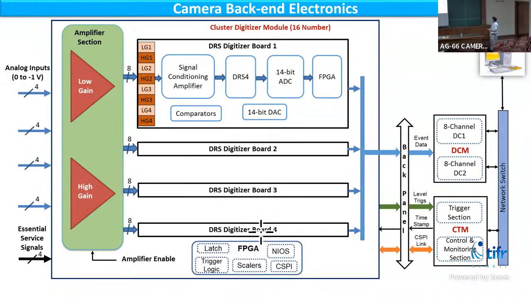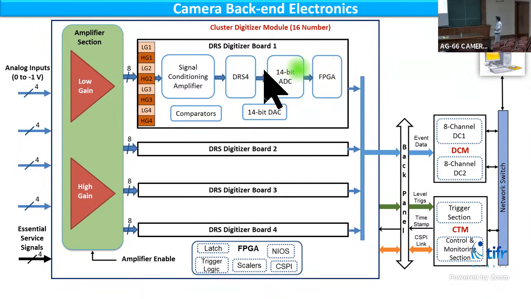Now coming to the back-end electronics, the analog outputs from the preamplifier come to the cluster digitizer module, where low gain and high gain versions are generated. These are applied to another card, the DRS-based digitizer board, where signal conditioning and some analog storage of the signals is done using the DRS4 chip, and then finally it is digitized by a 14-bit ADC.